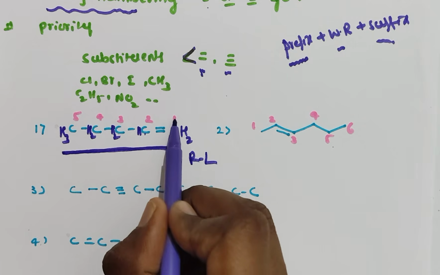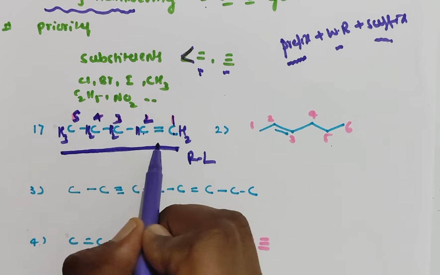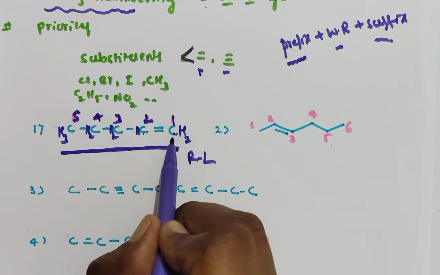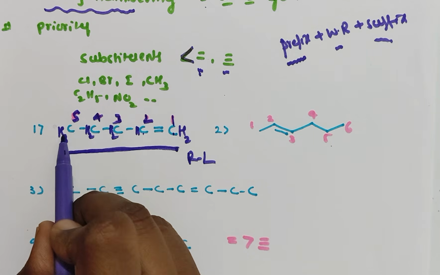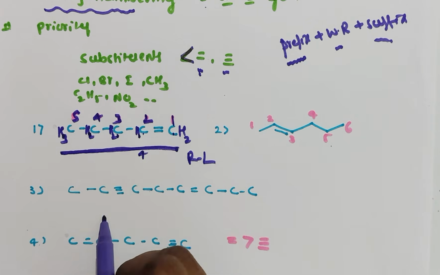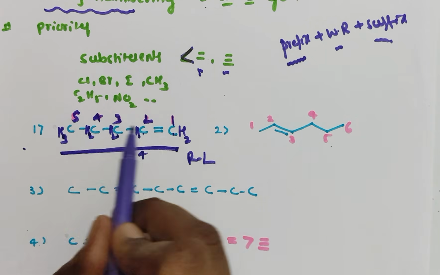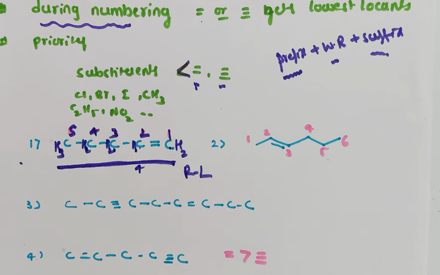Why? Because 1, 2, 3, 4, 5, if we number like this, the double bond carbon atom gets the lowest number. From left to right, what happens? 1, 2, 3, 4, 5 means the locant is 4. From right to left, the locant is 1. Therefore, the nomenclature becomes the nomenclature of this compound.